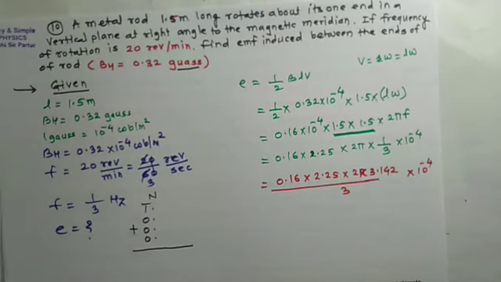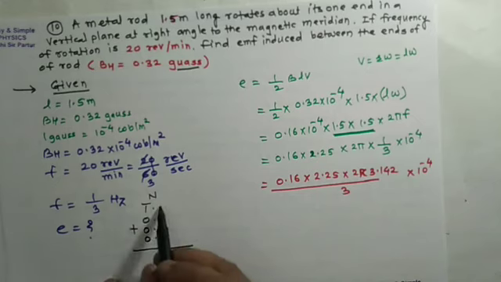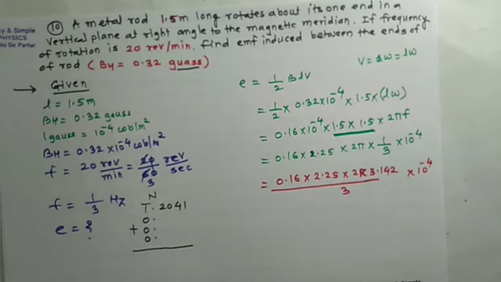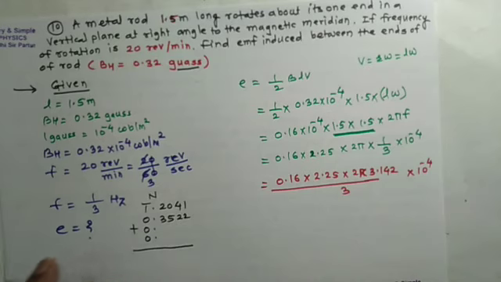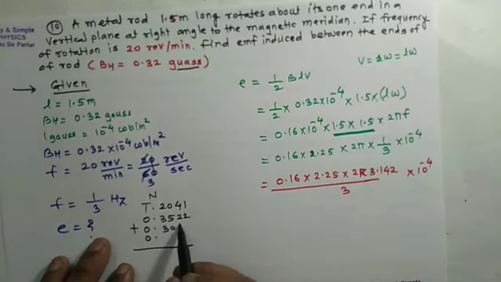First we see 16. The log of 16 will be 2041. Then we see 22 in 5, that is 3522. The log of 2 will be 3010.